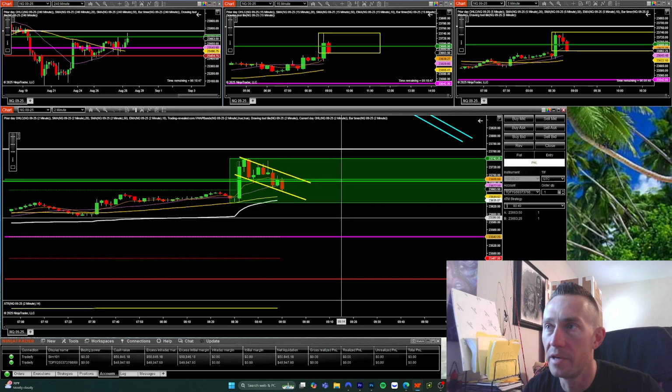Flag patterns are simple, easy to spot. There's no guessing. As long as there's clear momentum going into the flag pattern and the flag pattern plays out a certain way, then you have edge.